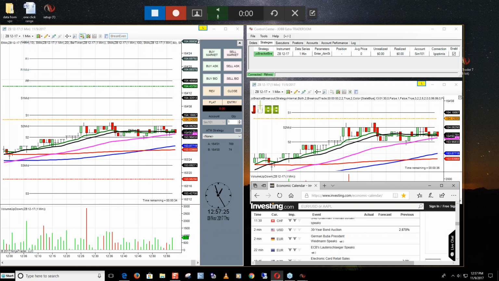Hey, wait a minute. This is the 30. It's still the same setup. Yesterday was the 10. Okay? So this is the 30. The 30's been terrible also. We haven't been trading it. So same test, same setup, actually.